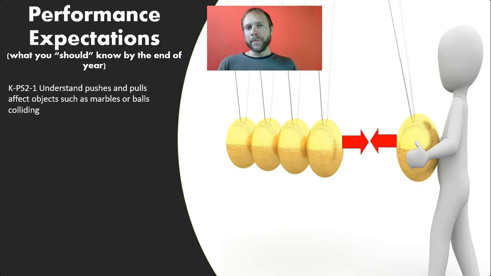And now the way the NGSS reads here, K-PS2-1, it's kind of like literally suggesting that the learners are playing around with balls and marbles, having them collide into each other, maybe like rolling down a ramp to get a little more speed, and just understanding this concept of pushes and pulls and interactions of objects colliding, right?